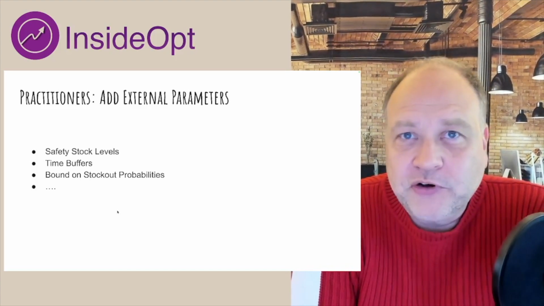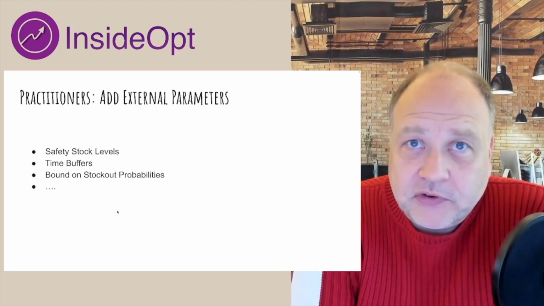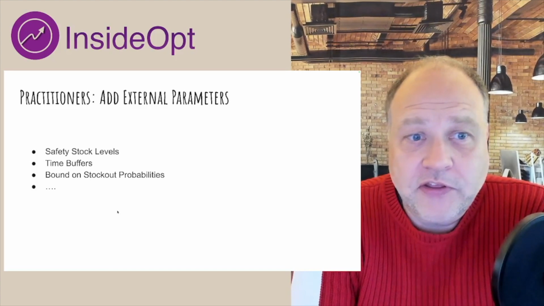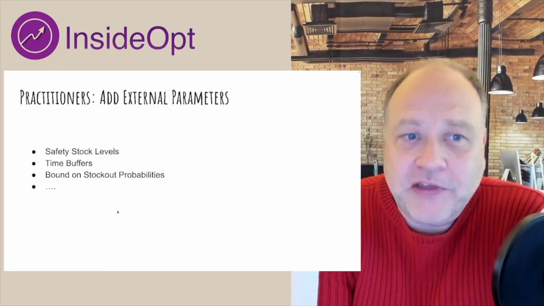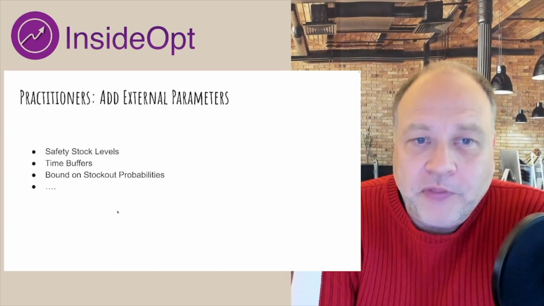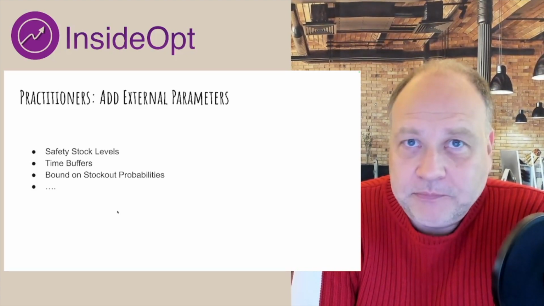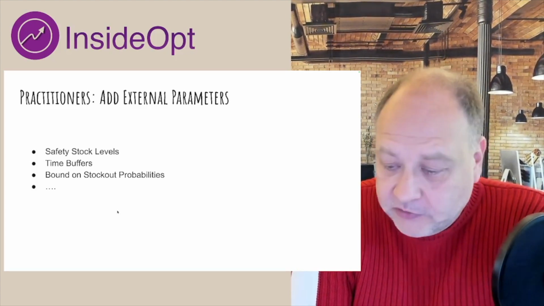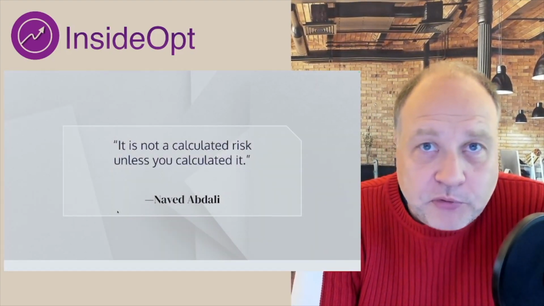For example, you could add safety stock levels. You can add time buffers, right, to account for the uncertainty in the lead times. Or a suggestion that I got from Michael Watson, thankfully, is to put a bound on the stockout probabilities for each part and every day. And using this, you can improve your solutions.